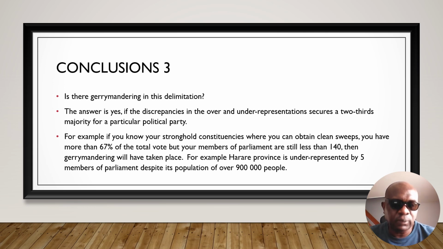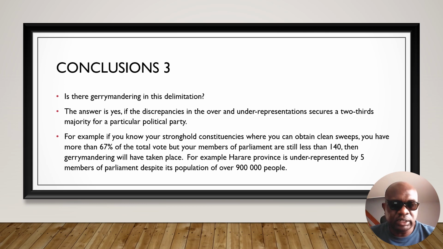So in this case, if you want to see whether gerrymandering is taking place in this delimitation exercise, for example, if you know your stronghold constituencies where you can obtain clean sweeps and you have more than 67% of the total vote, but your members of parliament are still less than 140. Remember that 140 is 2/3 of 210.